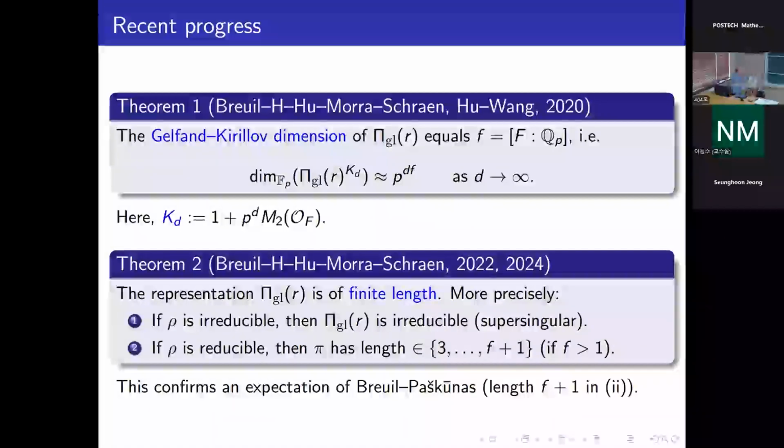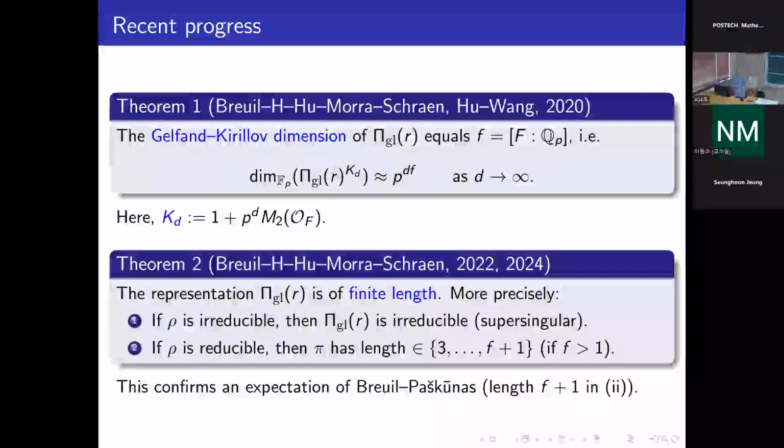And then the second result I want to mention is kind of the first result about not just the restriction of the representation to some small compact subgroup, but really about the entire representation. Namely, we showed that this representation is close to being irreducible.